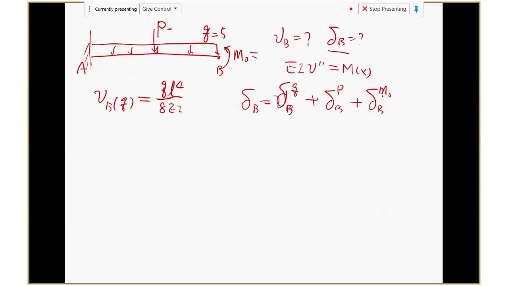That's what I need. Superposition. So we found the first one from the q. Now let's go back to the table and see if we can find the other one.